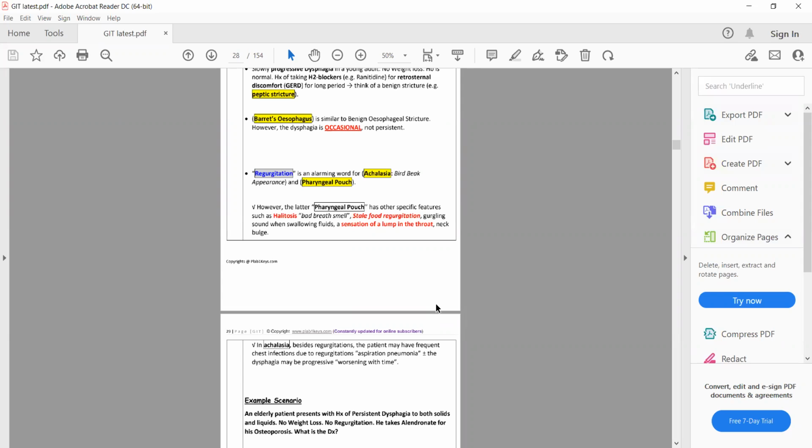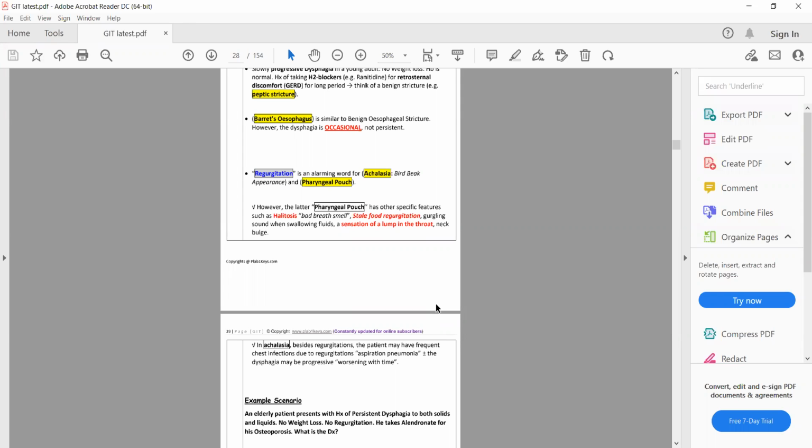Yes, up to this point, a patient who is having dysphagia to solids and liquids, up to this point, it's achalasia. But what were the other points for the diagnosis of achalasia? What were the other symptoms?